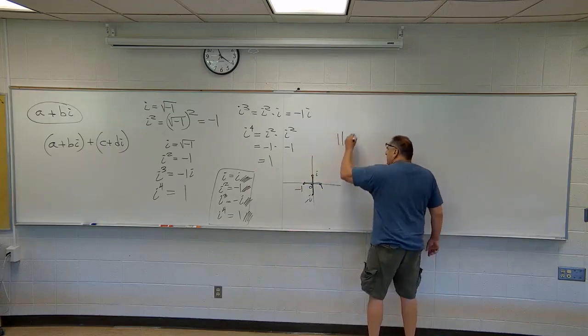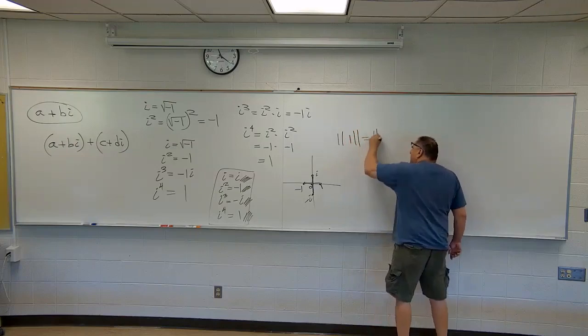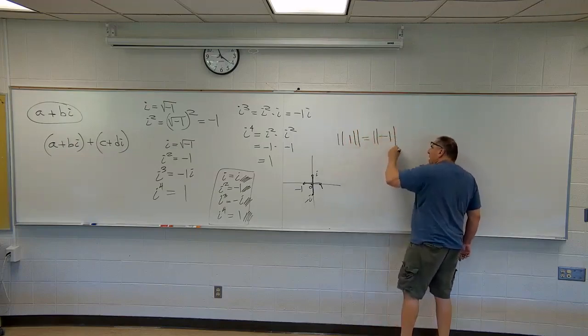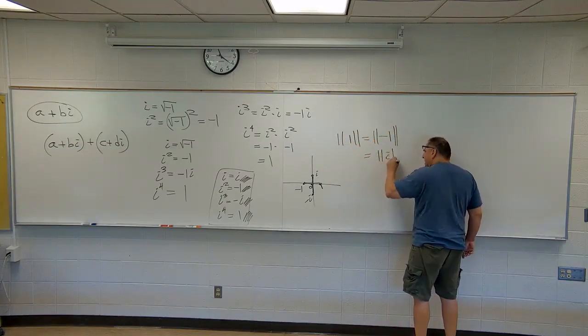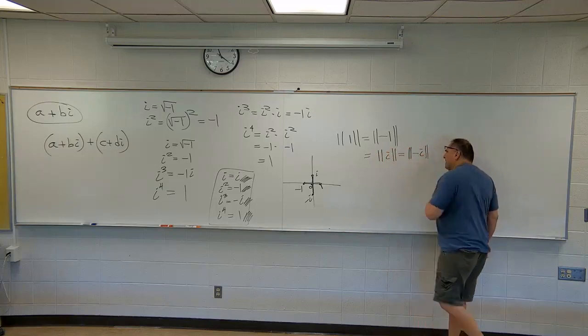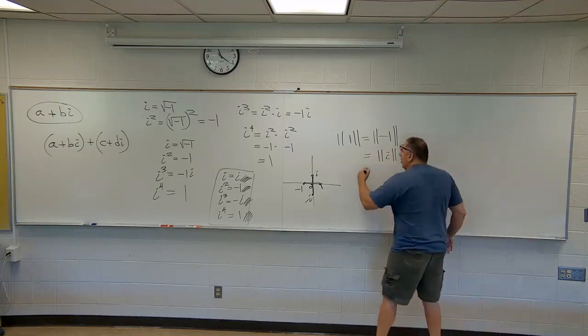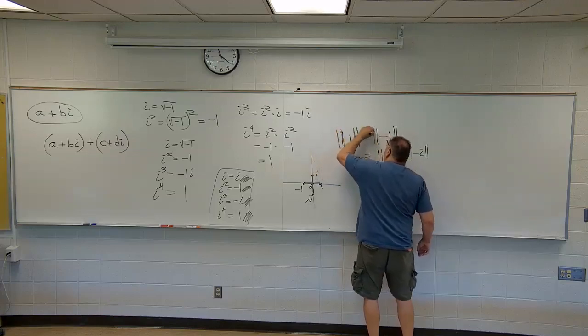The magnitude of the number 1 is equal to the magnitude of the number -1, is equal to the magnitude of I, is equal to the magnitude of -I. Sometimes they don't put two goalposts like that. They just put one, and they make it look like an absolute value symbol.